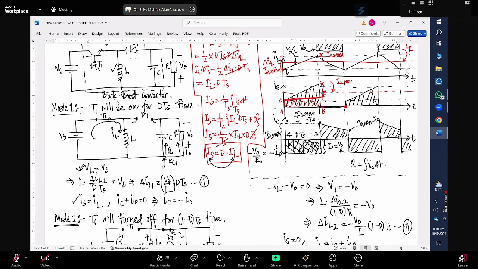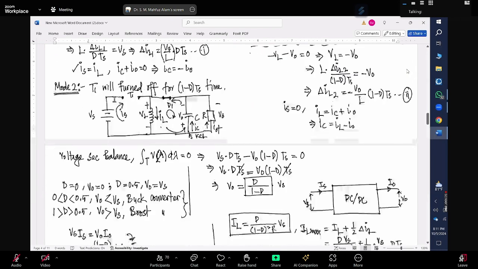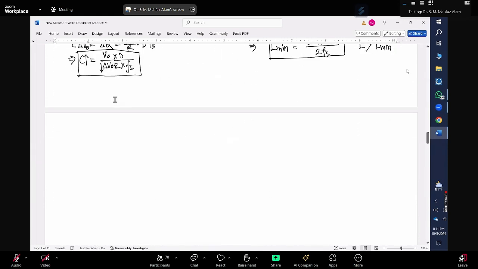Yes, sir. Meaning that we choose mode 1 because this is the time when the source is providing power to the inductor, which is later going to the output, right? Yes, sir. So that's why we choose the first portion, because this is responsible for providing power to the output. Okay, sir. I have understood. Make sense? Is there any other question?